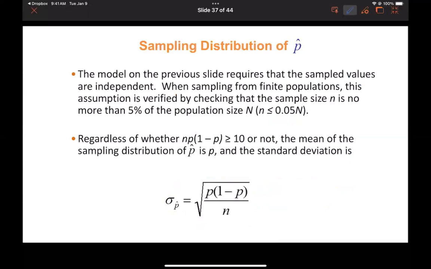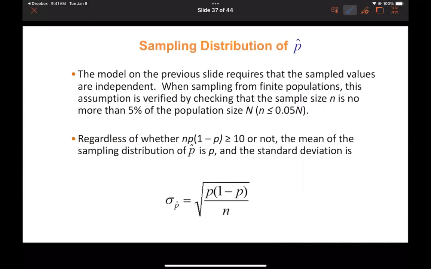Another thing that we need to take into consideration, which it might ask you, though all of the examples we use are going to fit this condition, but just be aware that it must be true. Even though our sample size has to be big enough to satisfy np times (1 minus p), our sample size can't be larger than 5% of our population.